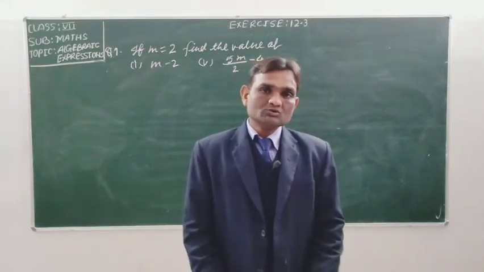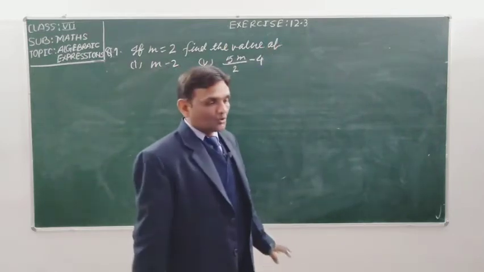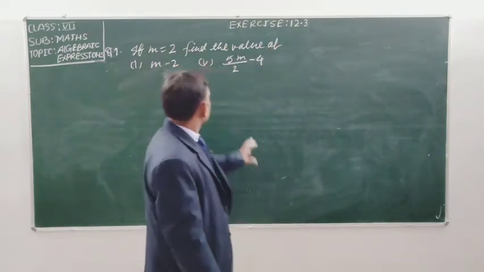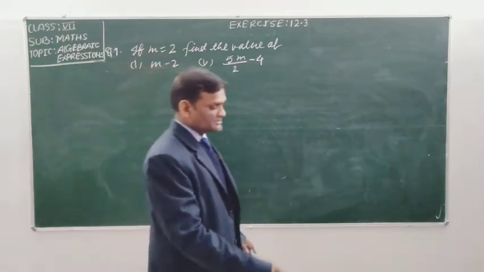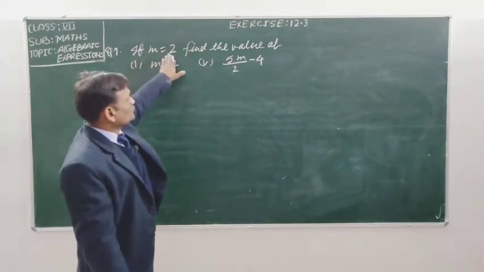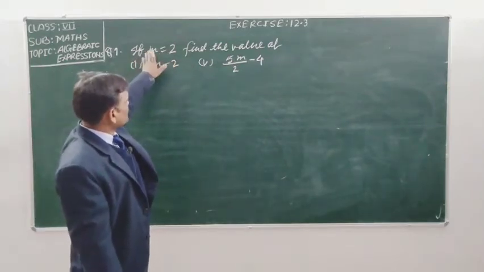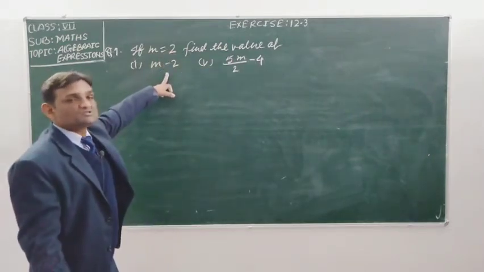Student, today I am going to start your new exercise, that is exercise number 12.3. You are seeing on the board, the first question of this exercise is written. The first question is saying, if m is equal to 2, m is a variable, find the value of m minus 2. m minus 2 is an expression.